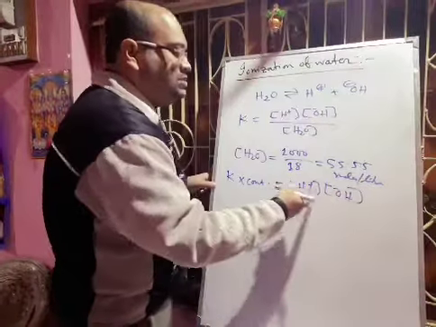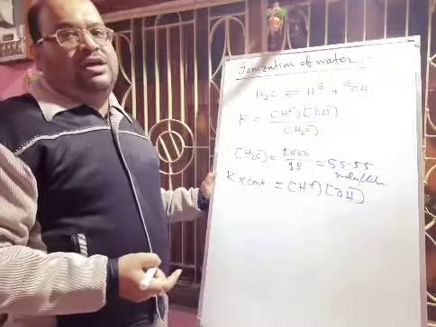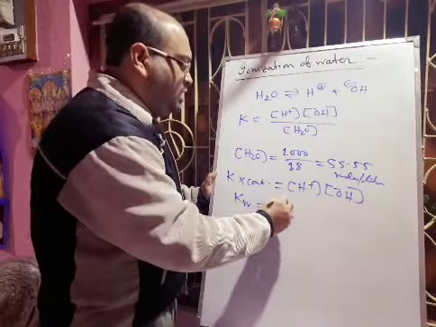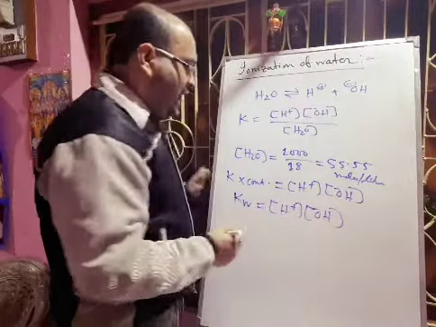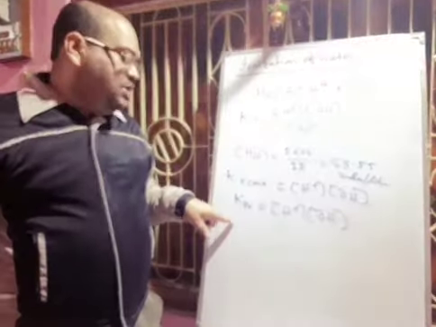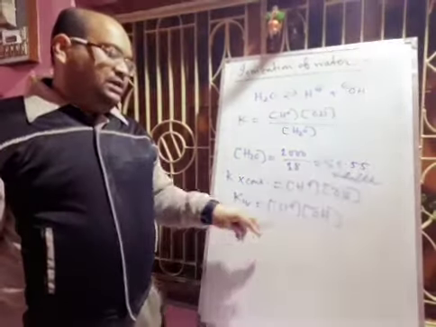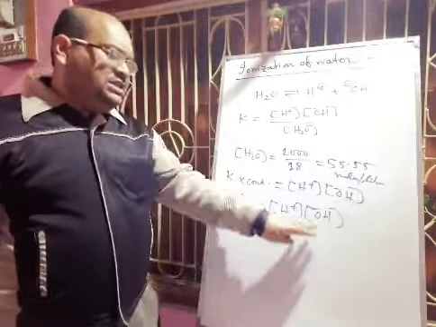So this product of the concentrations of H plus and OH minus is called the ionic product of water, and here we are introducing a new term, Kw, equal to the concentration of H plus into the concentration of OH minus. Kw is called the dissociation constant of water, or the ionic product of water. Two ions are forming, the H plus and OH minus, so their concentration product is called Kw.